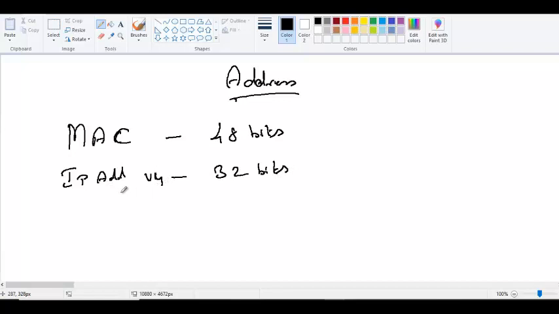From the day when we got introduced to the network, it is only IPv4. There is no IPv3, v2, v1. The version that became standard is version 4, which is 32-bit. We also have IPv6, which is 128 bits.